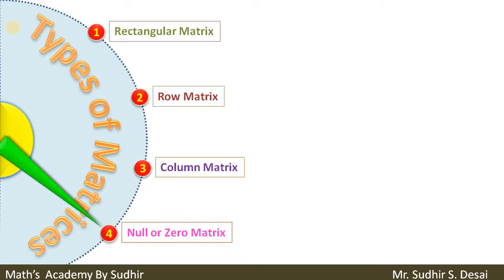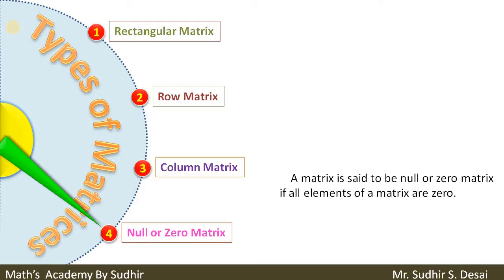Next type is null or zero matrix. By just reading the name you can say the definition for null or zero matrix. It's very easy. A matrix is said to be null or zero matrix if all elements of a matrix are zero. Very easy definition.